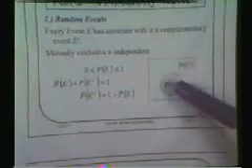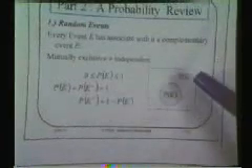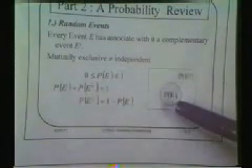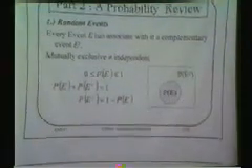Anything outside this set is the complement of the event, right? That is 1 minus P(E). So can we say that E and its complement are mutually exclusive? What does mutually exclusive mean? We come back to that later.